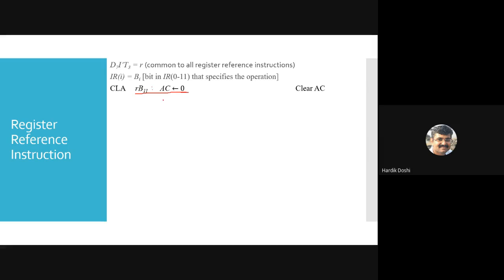This is nothing but your control function. Is it fine? Should I move further? Any doubts?